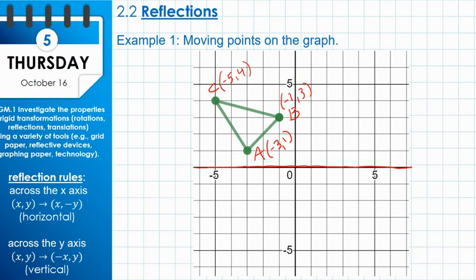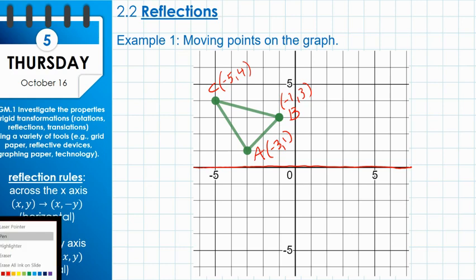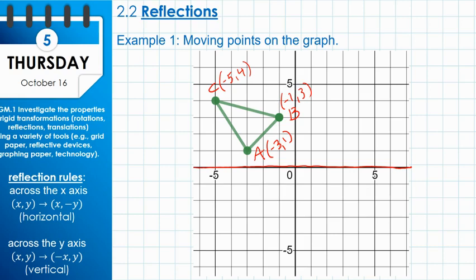So when we reflect across, A is 1 unit away from the line of reflection. So A prime should be 1 unit away from the line of reflection. A prime is at -3, -1.